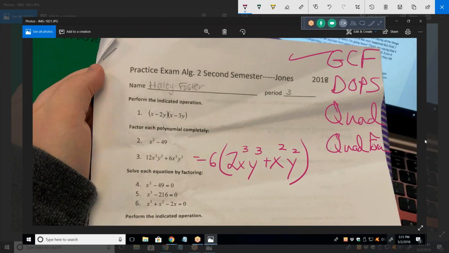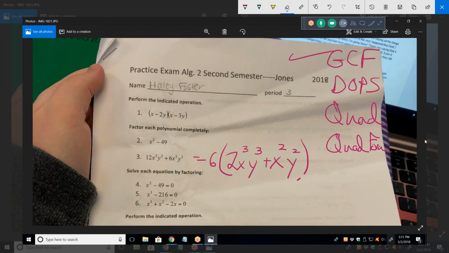In other words, does 6 multiplied by that equal what we started with? It sure does, because you got 12x cubed y cubed plus 6x squared y squared. That's what we started with. So when I say do the check, always perform that check. Okay.